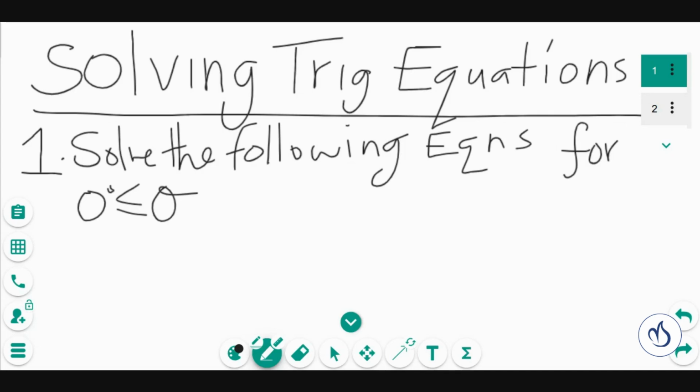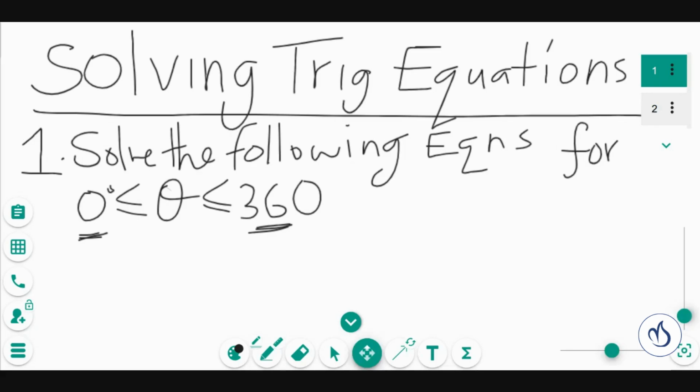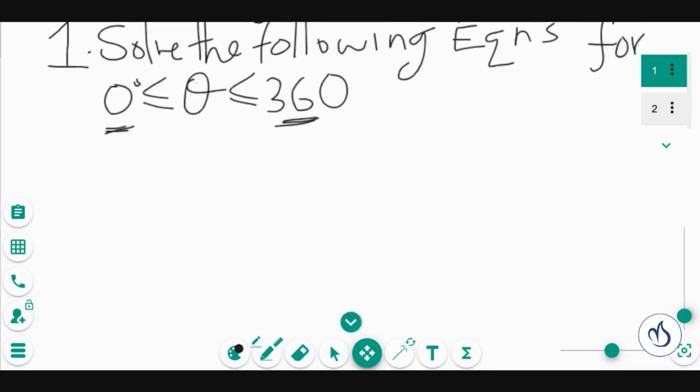Theta is going to be our angle. And this is less than or equal to 360. So we are basically being told by this range that our answers should be between 0 and 360. We should not go beyond that. That's the simple meaning of that range.